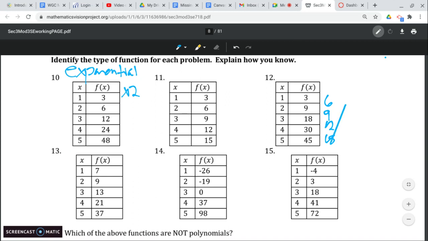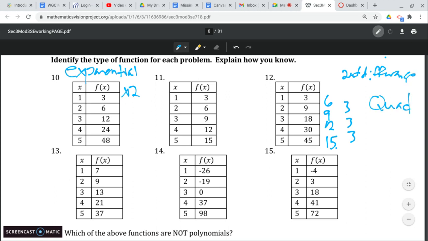So 6 to 9 is 3, 9 to 12 is 3, 12 to 15, I wrote the wrong thing, is also 3. So these are 3 each time in our second differences, which means it's quadratic.